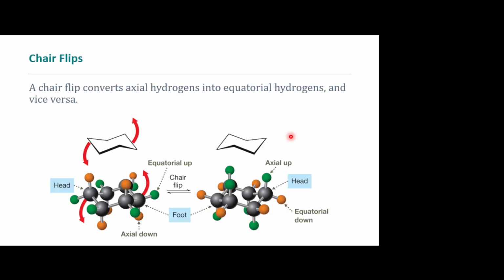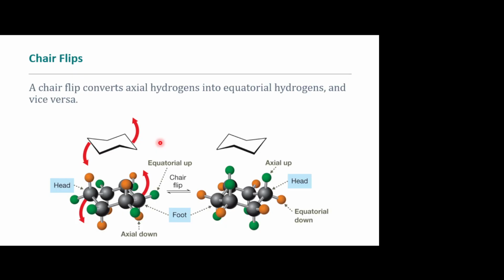All right, so let's talk a bit about chair flips. Now remember, conformers are not permanently frozen in position. They can change. There's a certain population that's going to interchange between those conformers all the time. So chair flips are going to convert the axial hydrogens into equatorial and the equatorial into axial.